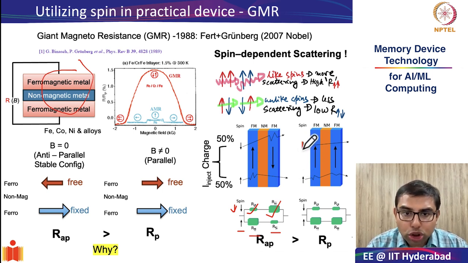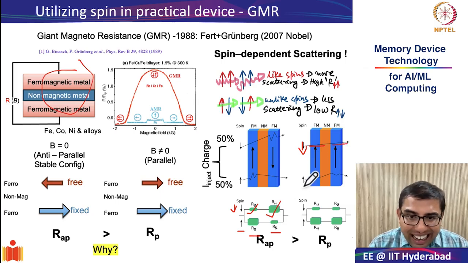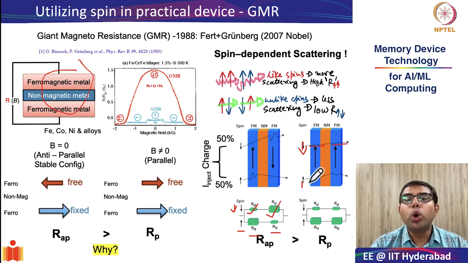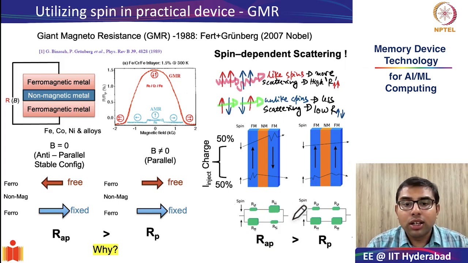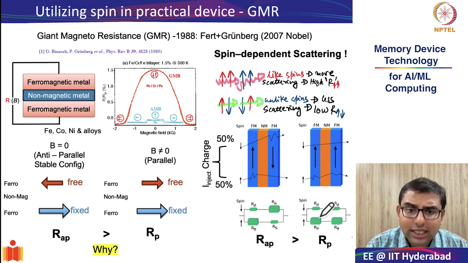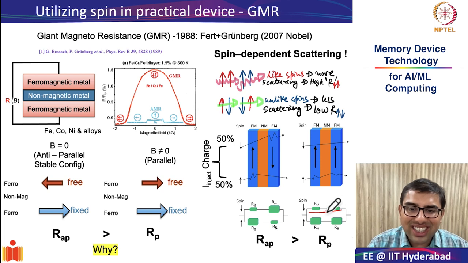While the downspin will suffer no scattering or very little scattering, both in ferromagnetic layer 1 and 2, the electrons with upspin will suffer a large amount of scattering both in ferromagnetic layer 1 and ferromagnetic layer 2, and this is what is represented through this equivalent circuit diagram. So in this equivalent circuit diagram, you see upspin has very little resistance, whereas downspin has very large resistance.